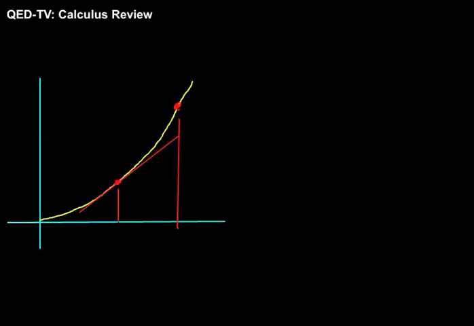Let's try it again. If we draw a big curve here like this, and I'm going to blow this up. So let's say I have a point here. I want to figure out what the slope is at this point right here, which would be the slope of the tangent line, the one line that goes to that point and is tangent to this curve.